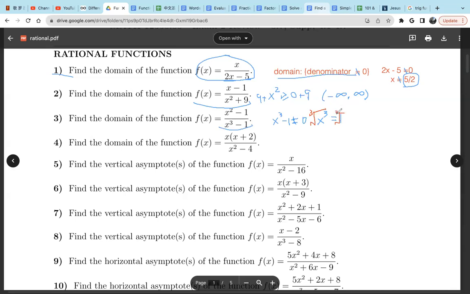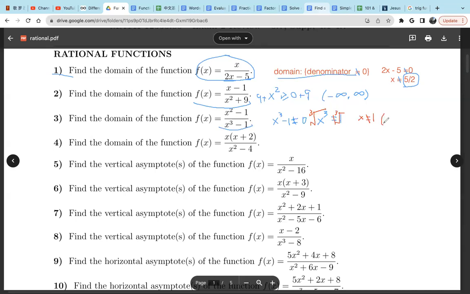Then on the left-hand side, we get x. What's the cube root of 1? It's just 1. So x not equal to 1. I have to change this to be not equal to, okay. So x can be any number, just not 1. All right, how do we write the domain?